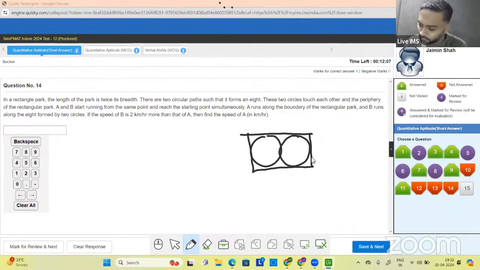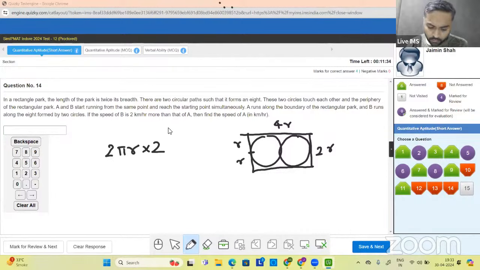Length is twice the breadth. So basically, if I assume this to be R, radius of a circle, so this is 2R, so this is 4R basically. बराबर है? B is going around the circumference of the circle. So basically, 2 pi R into 2 is the distance traveled by B, and distance traveled by A will be R, 6R and 12R, right? 12R is a distance traveled, so R gets cancelled out.